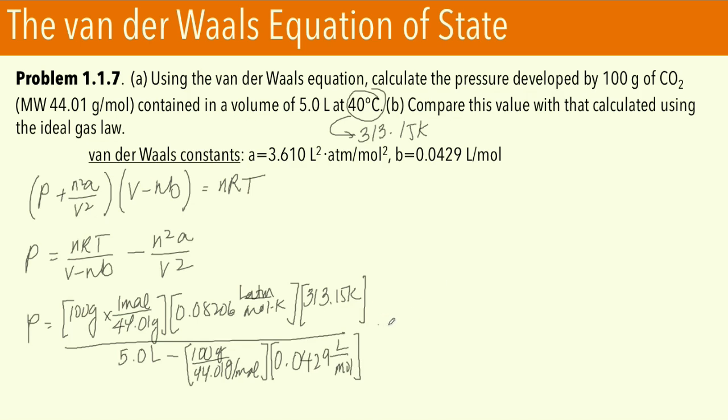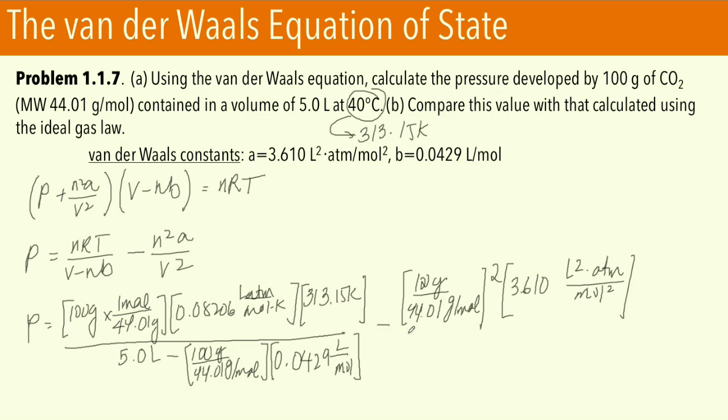Minus again the number of moles, so we have 100 grams divided by 44.01 grams per mole, squared, times the value of A, so that is 3.610 liters squared times atmosphere over mole squared, all divided by volume squared, so that is 5.0 liters squared.